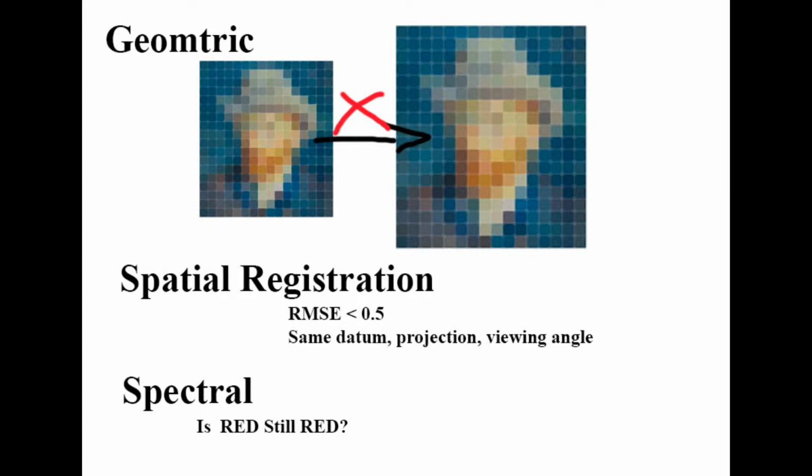Then you have spectral issues. In two different images, even if both are from Landsat, the red band value can change. The red band in a Landsat 2010 image might be like 0.4433, and in 2020 its red band value could be like 0.4438. I'm just making up numbers.